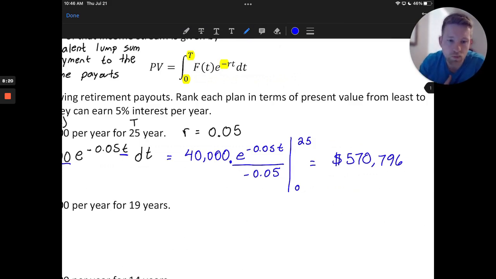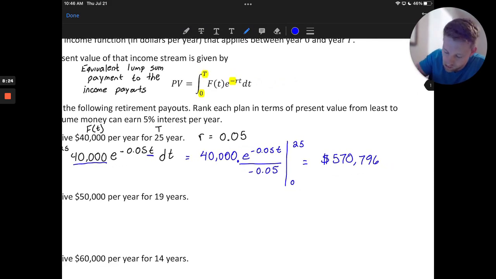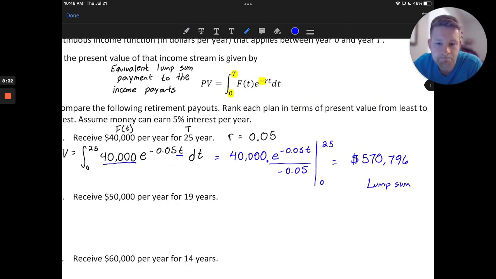That would be the present value, or the equivalent lump sum that would be equivalent to all of these payouts over the next 25 years. So you could say if you had this $570,000 in the bank right now and could get 5% interest, that would be equivalent to getting these payouts of $40,000 for the next 25 years.